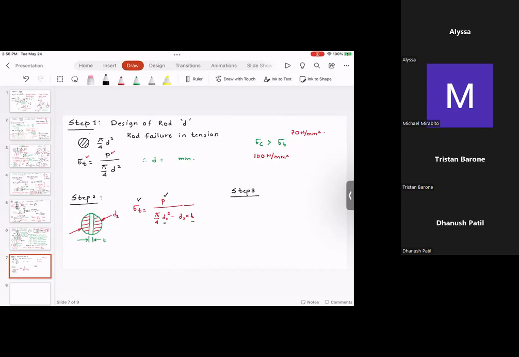And if you look at the way the Cotter joint is, you have this Cotter just sitting over here.